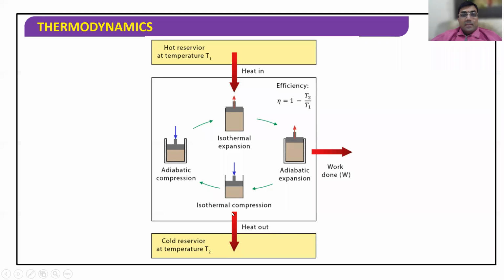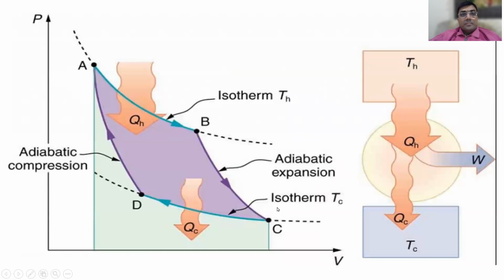So the sink, it is taken out in the isothermal compression, and heat is given from the source to the ideal gas in the isothermal expansion. Okay, I hope you are clear about this. So that's why the Carnot engine cycle is written like this. Why is the cycle given like this? I hope you understood, right?